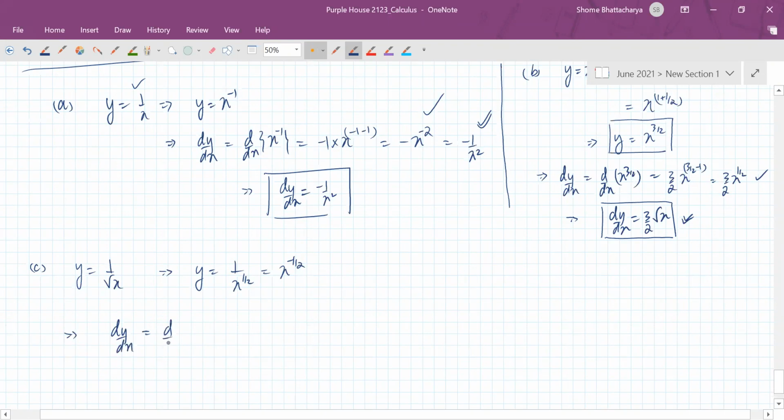So now when we are differentiating, we have to apply the differentiation operation to the function 1 by root x, but that function is the same thing as x to the power minus half. So now we can apply the x to the power n formula directly. So that will become n into x to the power n minus 1. So that is minus half into x to the power minus 3/2.